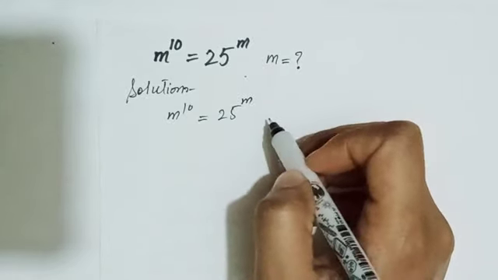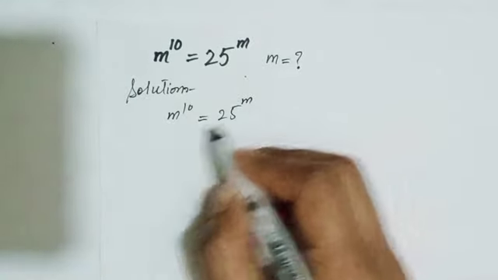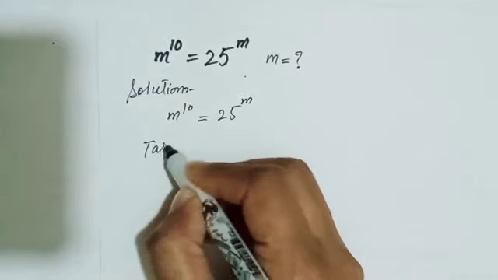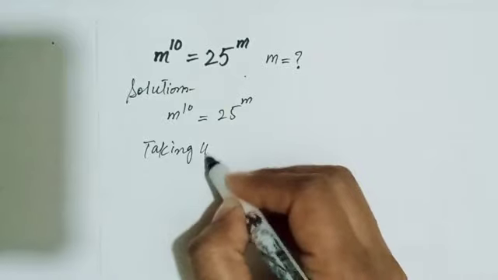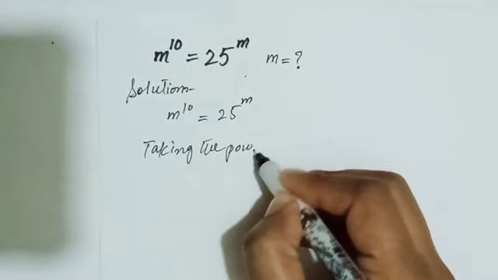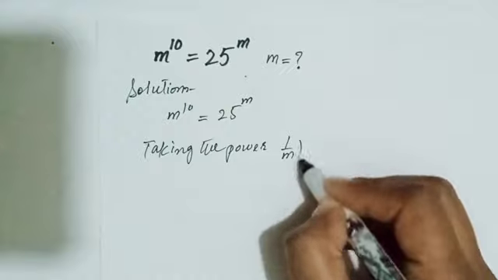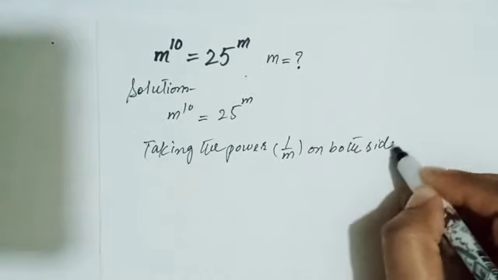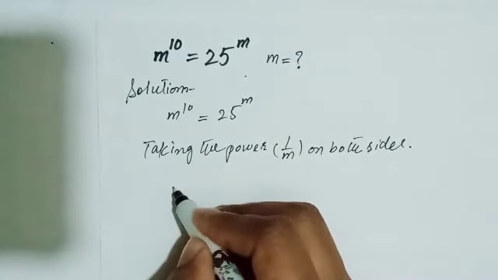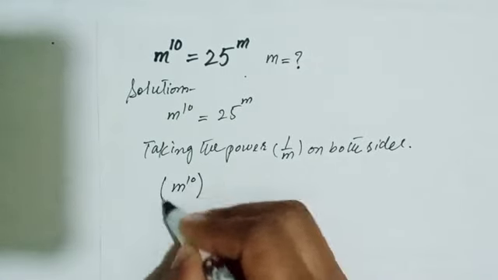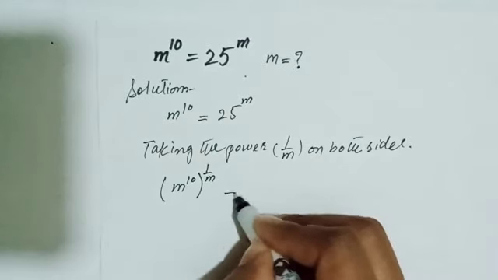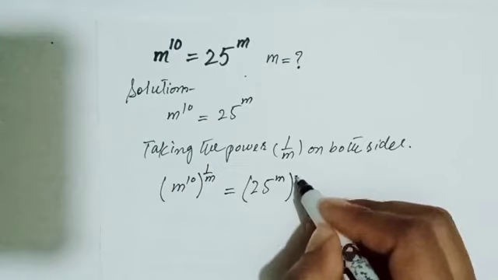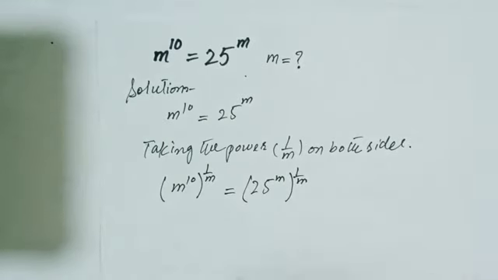So let's take the power 1 by m on both sides. Taking the power 1 by m on both sides, it will be m to the power 10 to the power 1 by m, which is equal to 25 to the power m to the power 1 by m.